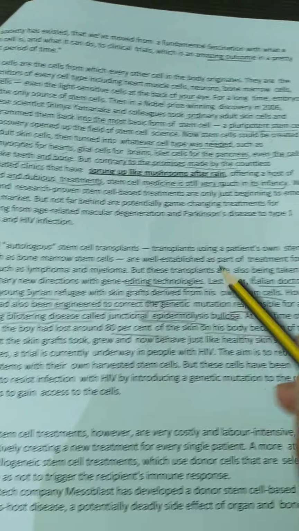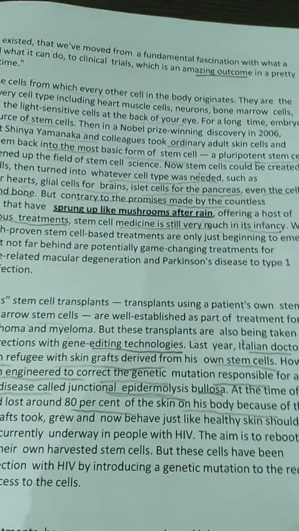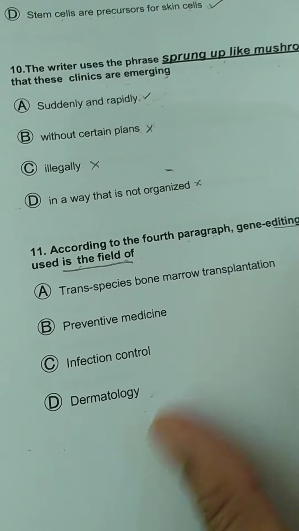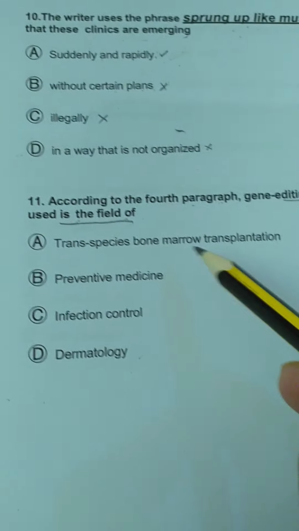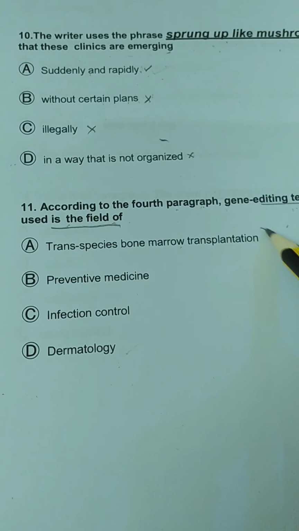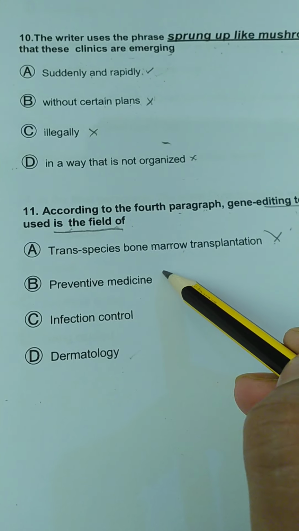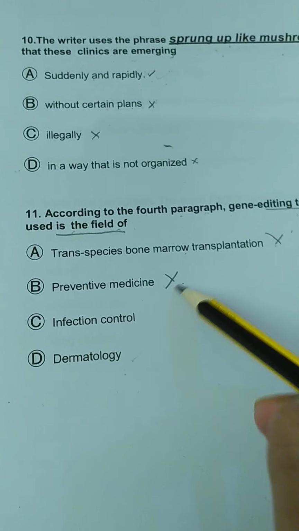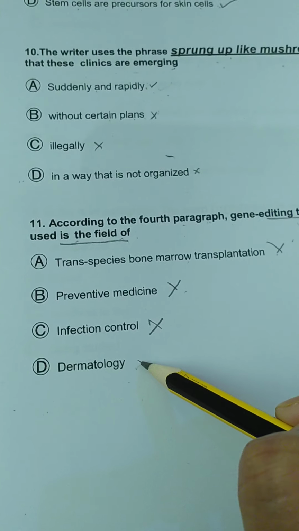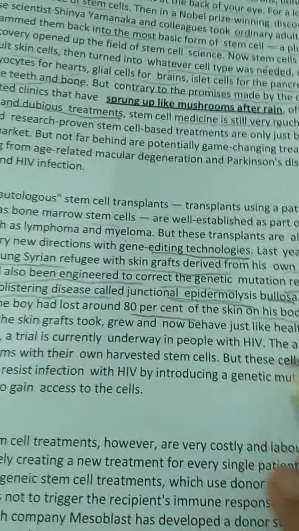So they are asking which department, which field has already used this one. So first read option A, transpecies bone marrow transplantation. It's not given. Preventive medicine, it's not mentioned there. Infection control, it's not mentioned. Dermatology. So this is the right answer. How can we confirm it?